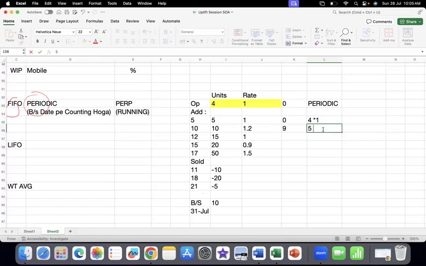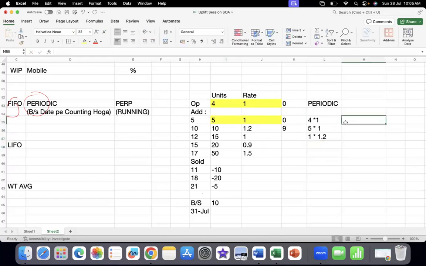Then 5 units are sold at again 1 rate, because that's the rate we have. And 1 unit is sold at 1.2. That gives my 10 units at multiple rates.